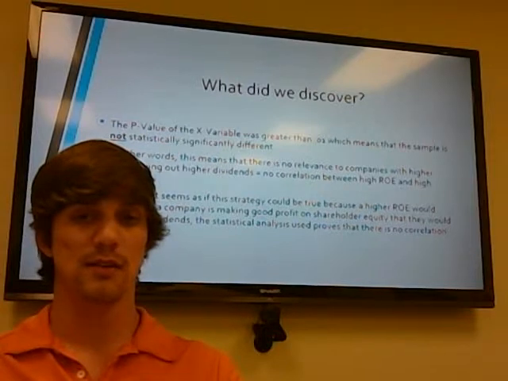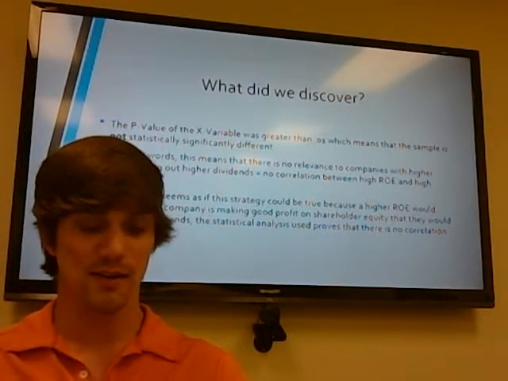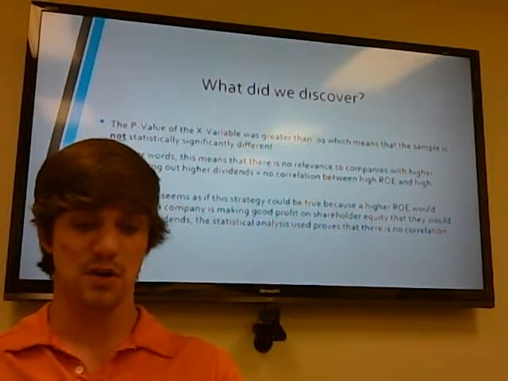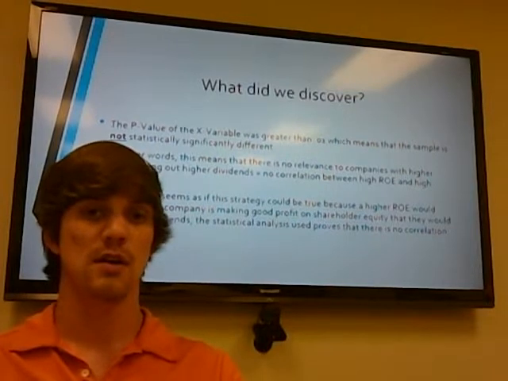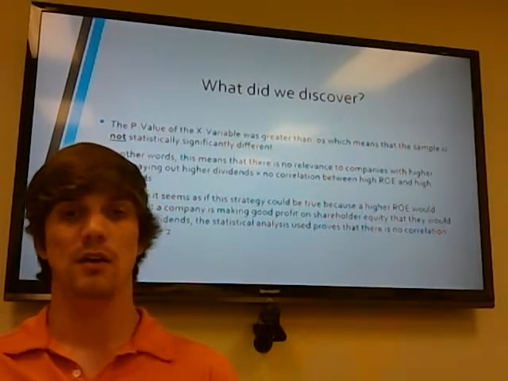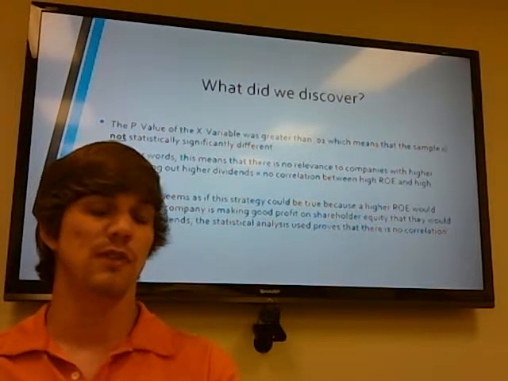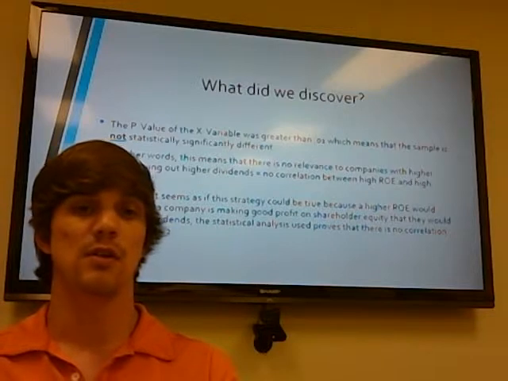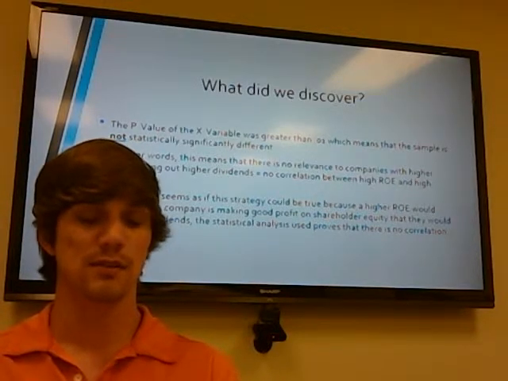I guess in human words, that means that there's no relevance to companies with higher ROE paying out these higher dividends as I thought. There's no correlation between a high ROE and higher dividends. So, we find that maybe it's not the smartest thing to do, look at high ROE and expect high dividends.